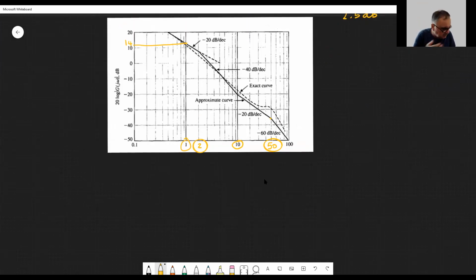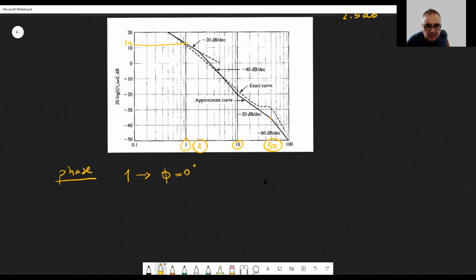Now, another thing is we have to look at the phases. This is the magnitude characteristics. For the first one, phase is 0. The second one, phase is minus 90 degrees.